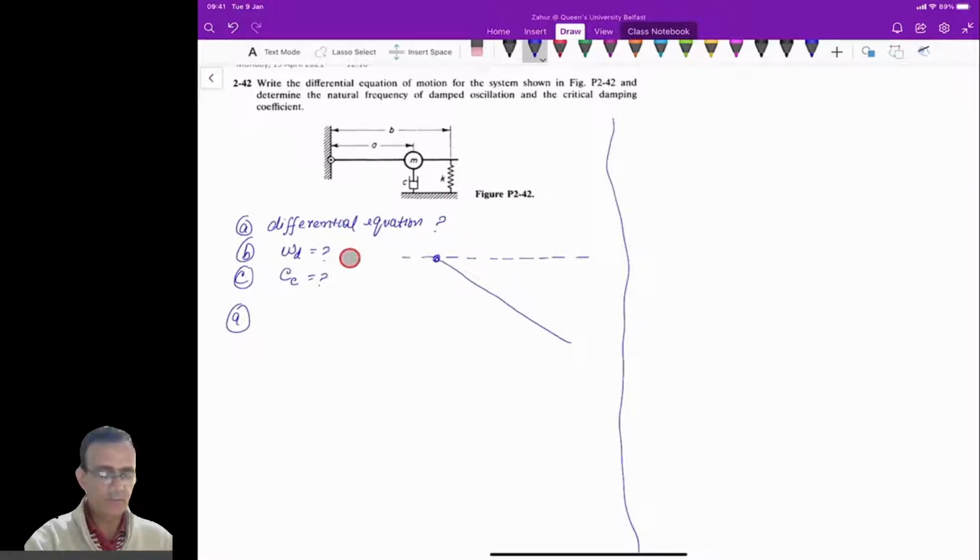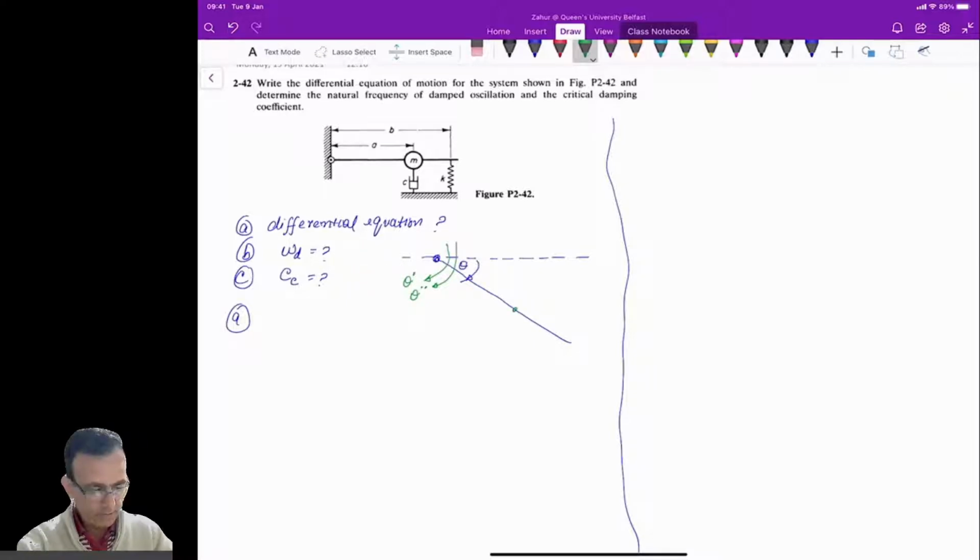We will solve this system in the angular coordinate system. If we give it a small angular displacement theta in this direction, then we know that the velocity and acceleration, which are theta dot and theta double dot, are positive in this direction here.